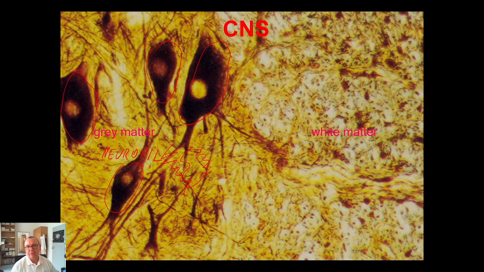These axons are frequently myelinated. We can see them here, these rings in the white matter having a dark dot in the center. These are myelinated axons, or axons with myelin sheath, but some axons here are also unmyelinated.